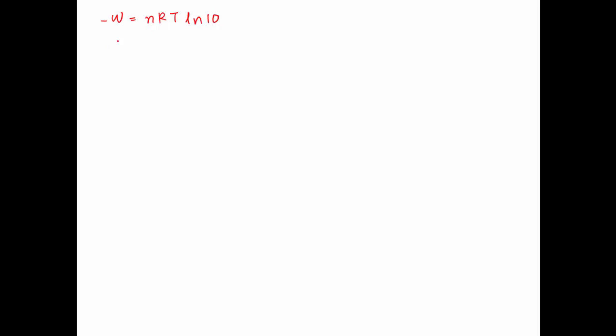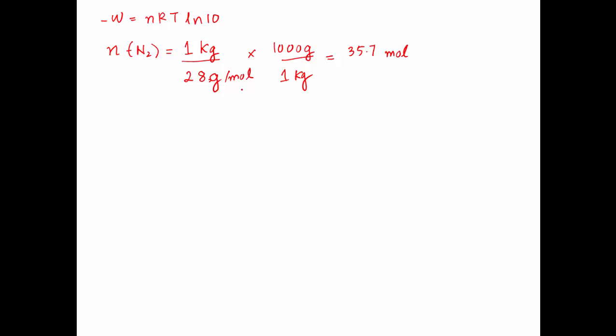So we have to compute each of the three variables. We know n for nitrogen is equal to 1 kilogram divided by the molecular mass of N2, which is 28 grams per mole. If you compute those numbers, the number of moles of nitrogen turned out to be 35.7 moles. We know R, the universal gas constant, is equal to 8.31 joules per mole kelvin.